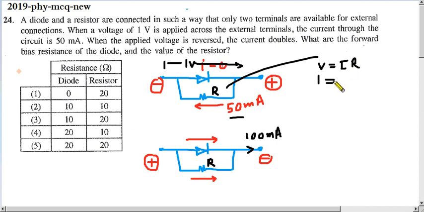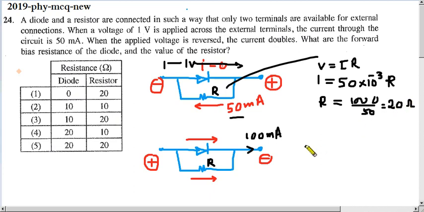Voltage is 1 volt, current is 50 milliampere, so we convert it to ampere by multiplying by 10 power minus 3. Then R equals 1000 divided by 50 equals 20 ohm. So that is the value of R. Here also the same value, R must be 20 ohm because they have not changed it.